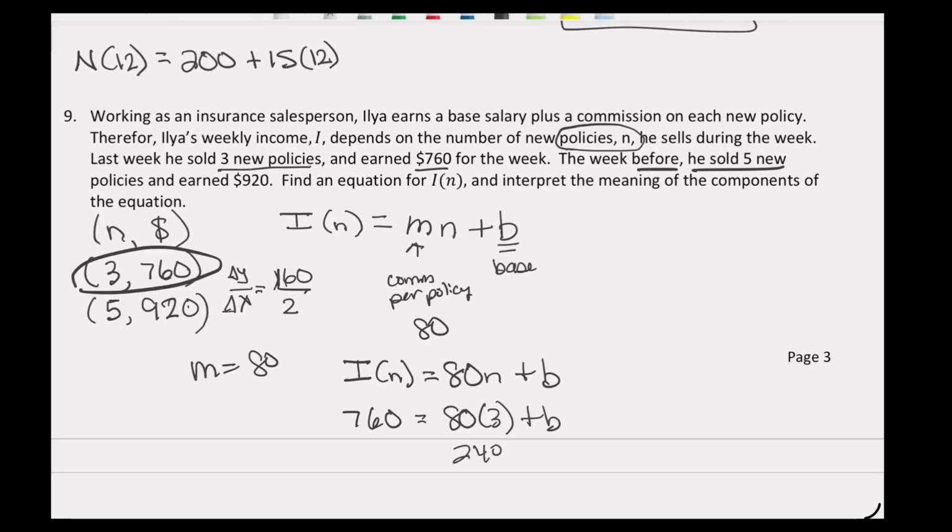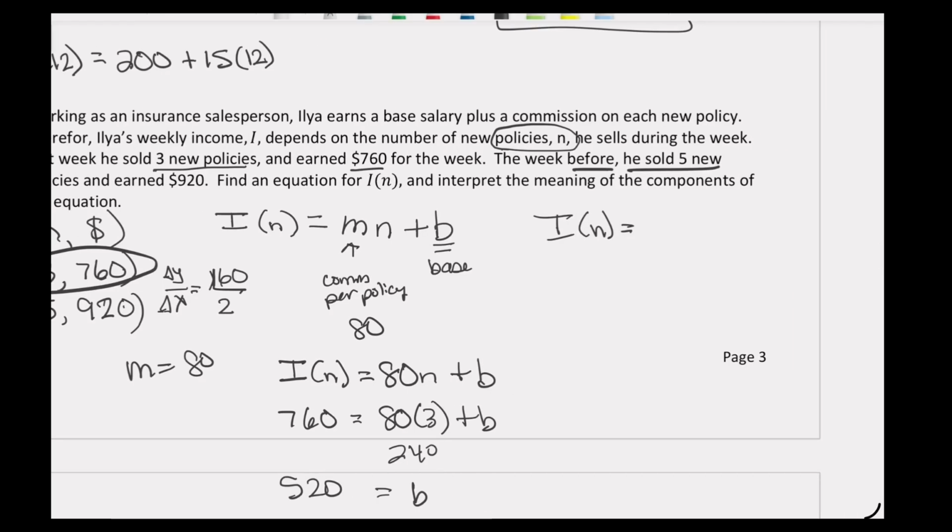Subtract it off, and our base is going to be 520. So income with respect to the number of policies is going to equal $80 per policy plus the base of $520. There's your function.